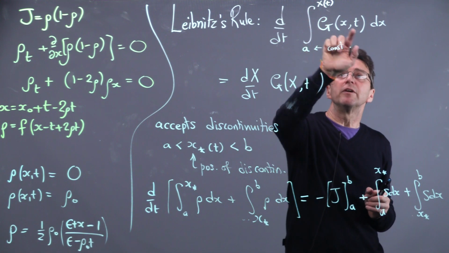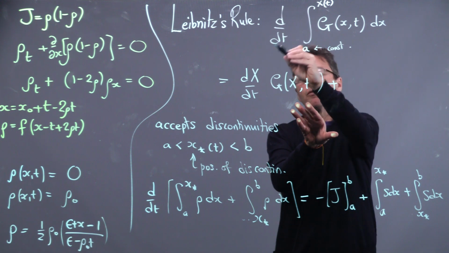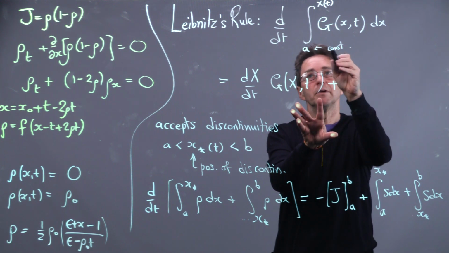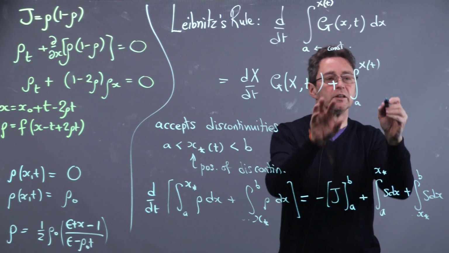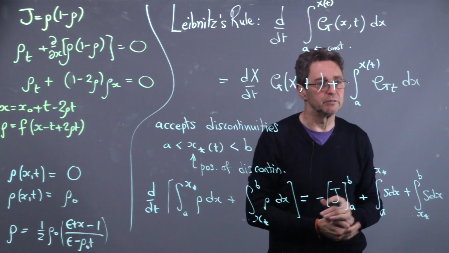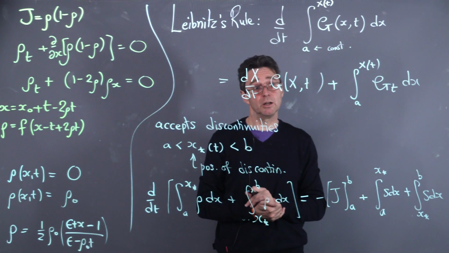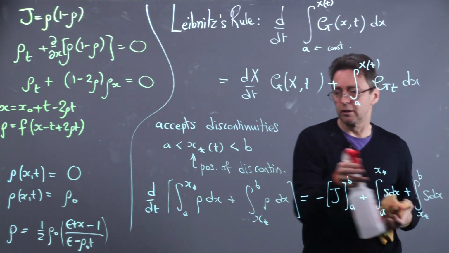And then you leave that one and differentiate the other one. So there's two bits that come in. One is from differentiating the limit, and the other is leaving the limit and differentiating the integrand. So that's the partial derivative of g with respect to t. So that's Leibniz's rule.